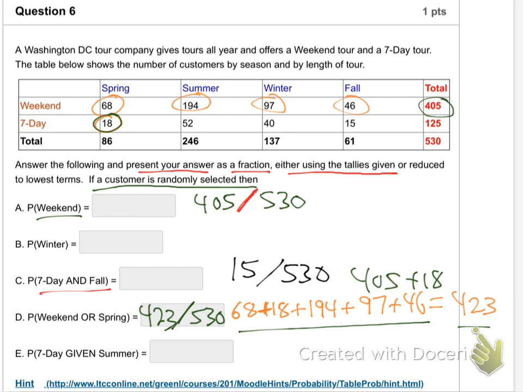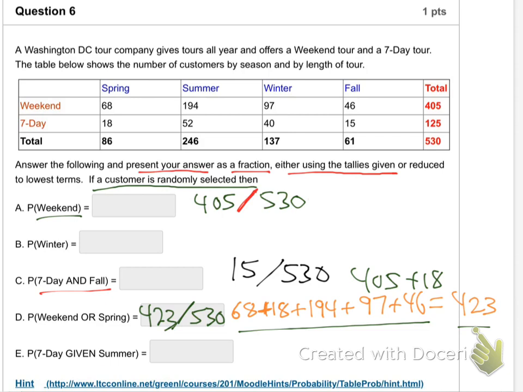Probability of a 7-day. So if you grab somebody random, what's the chance they were a 7-day trip given it was the summer? Now there's a given again. Remember what given does? Changes the denominator. Limits who you're talking about. So if they say given, we're not talking about everybody now.